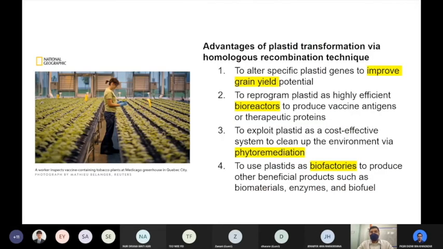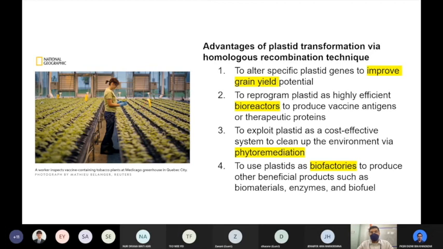Okay, so as we all know, the advantages of doing transformation on the chloroplast genome using this technique are that it allows us to find or alter genes that might improve grain yield. Also, we could use chloroplast genomes as bioreactors to produce vaccine antigens or therapeutic proteins.